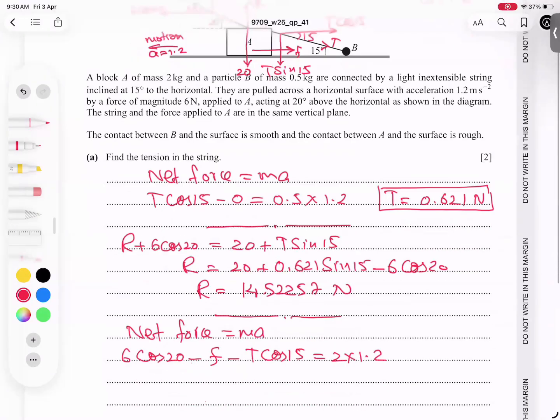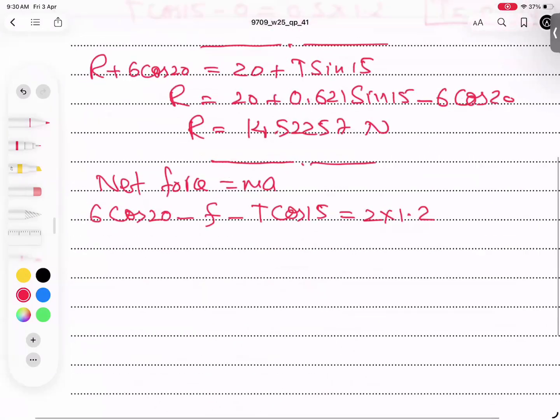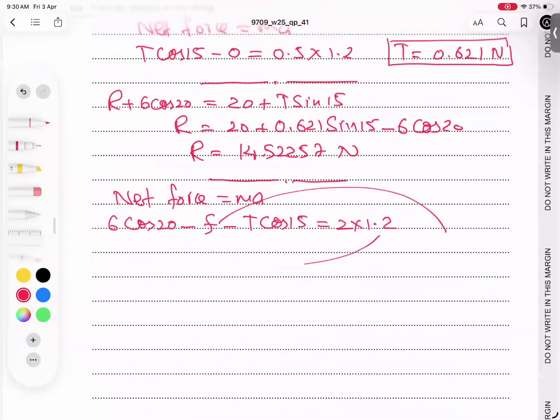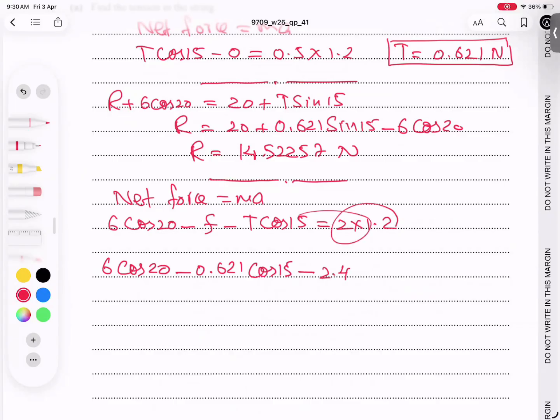Okay, let's finalize it. So I will bring simple F to the other side, rest all on the left side. So I'm getting 6 cos 20 minus tension value 0.621 cos 15 and minus 2.4. This is the left side, right side, sorry.